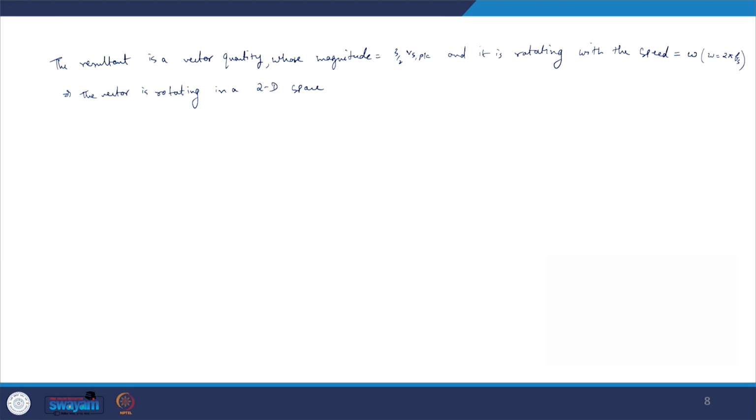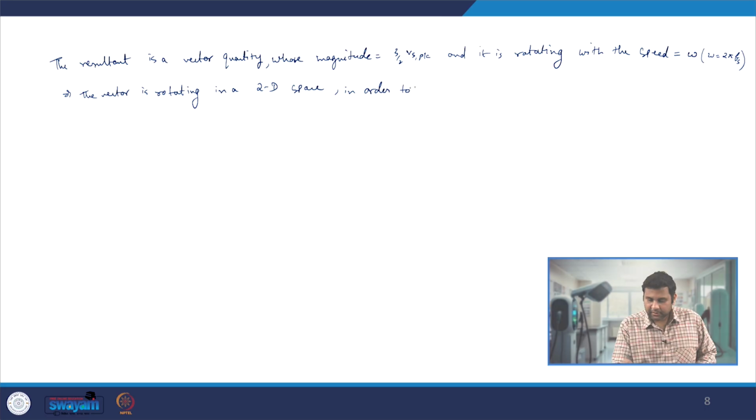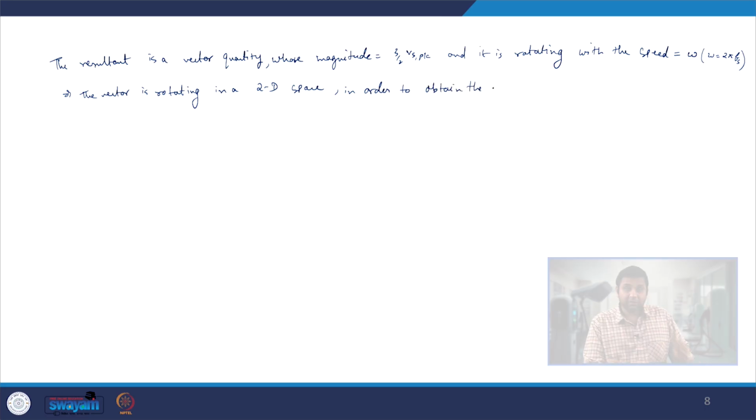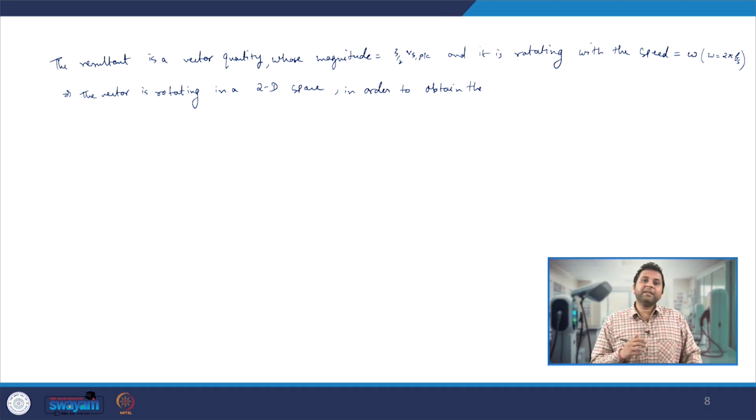Since the vector is rotating in a two-dimensional space, in order to obtain independent quantities, because our aim is to obtain independent control over the three phase currents, we have to define the independency. I mean, how can we represent the three phase currents in quantities which are independent of each other?